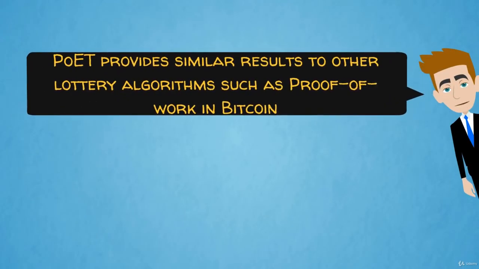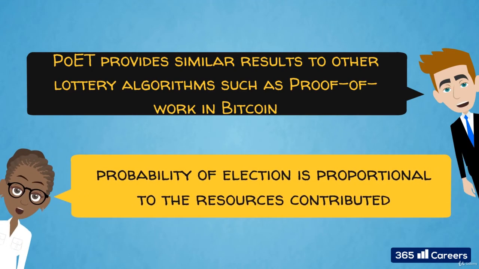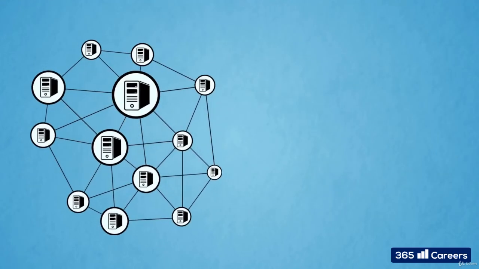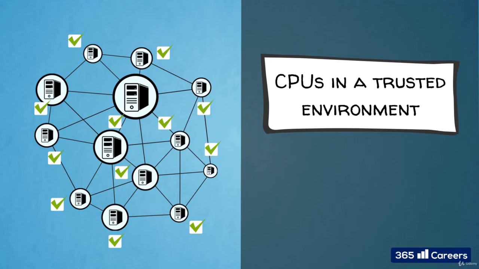POET provides a similar distribution of results to other lottery algorithms such as proof of work in Bitcoin. The probability of election is proportional to the resources contributed. In this case, resources are general-purpose processors, or CPUs, with a trusted execution environment. Code and data loaded inside the trusted execution environment are protected with respect to confidentiality and integrity.